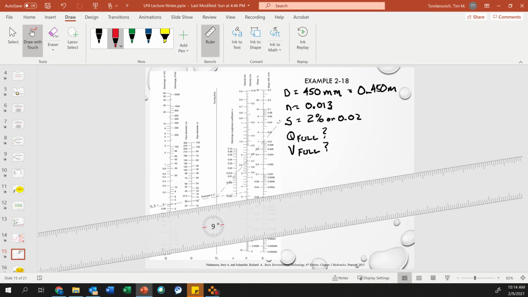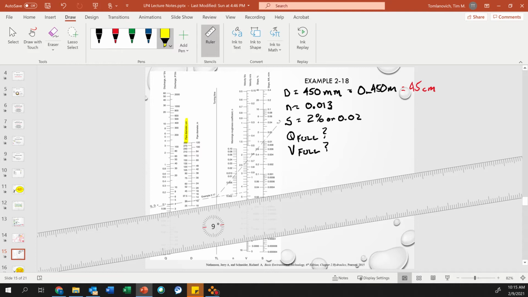So we know we have a diameter. Let's start tagging things we know. Diameter of pipe. If you look here, diameter of pipe says centimeters or inches. Just be careful to look at what the units are. The nomograph provides different units than what's required for the equation, so you have to switch back and forth.